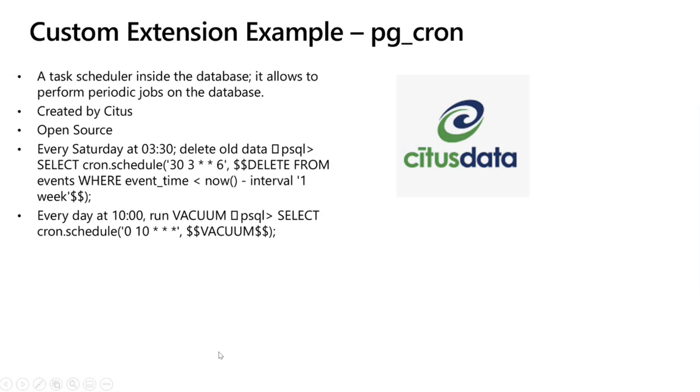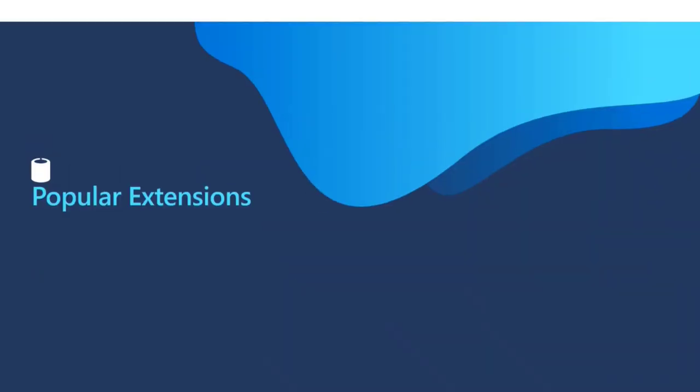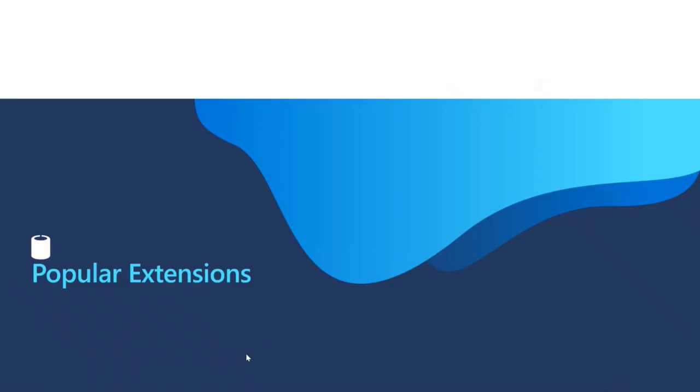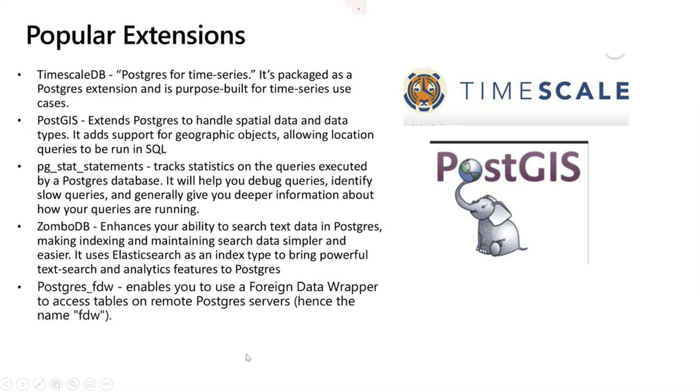For example, to run a vacuum in Postgres every day at 10, you just use the cron schedule function, provide the time parameters and date parameters, and run it. Other popular extensions include TimescaleDB.